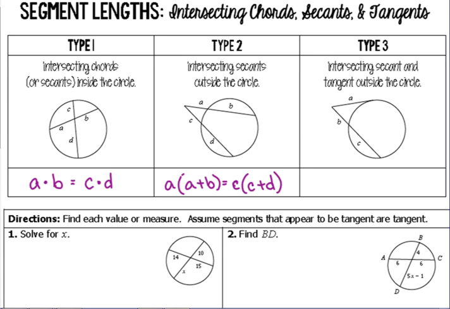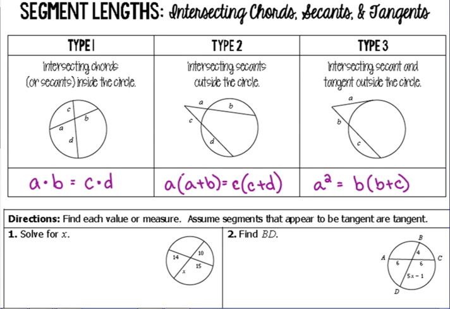The third type has an intersecting secant and a tangent. A is the tangent, BC is the secant, and the relationship here is A squared is equal to B times B plus C. So part of it is similar to type 2, the B times B plus C. The other part is completely different from the others.